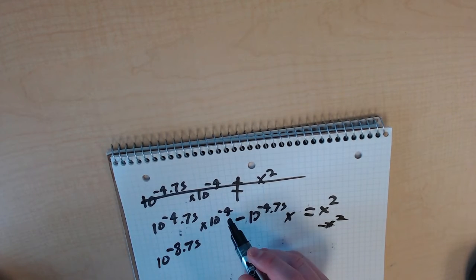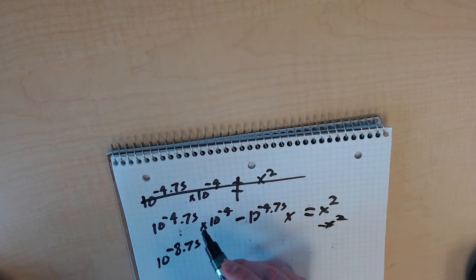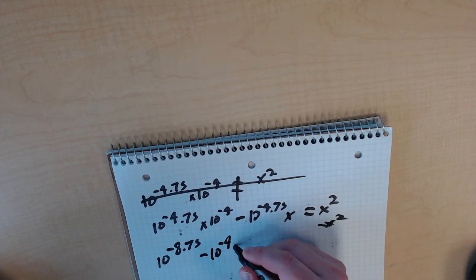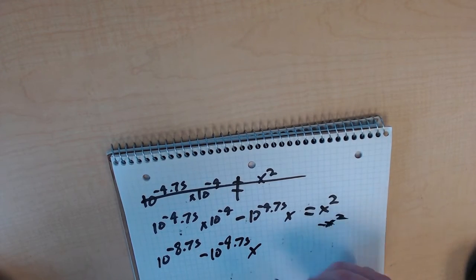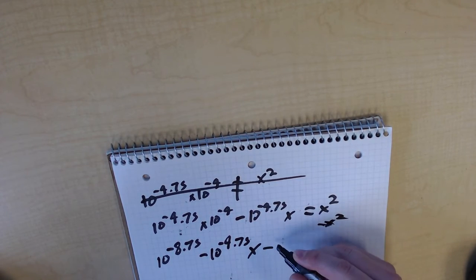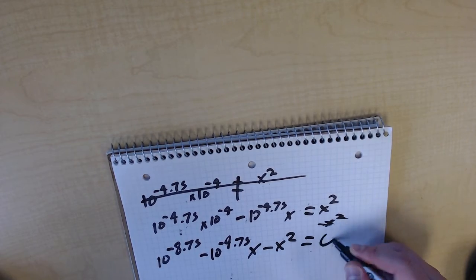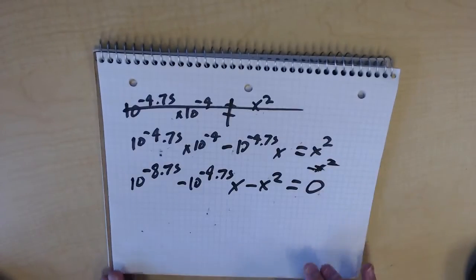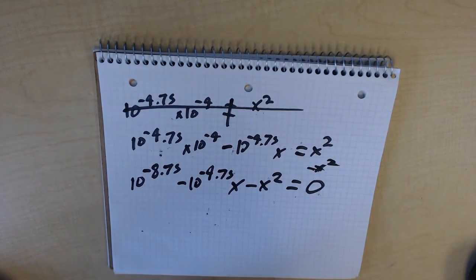So negative 4.75 plus negative 4 is negative 8.75. And that's still minus 10 to the negative 4.75 times x. And that's all minus x squared, and that all equals 0. And so now we have this equation. I moved off the screen a little bit, apologies.